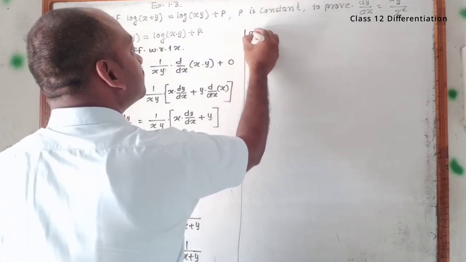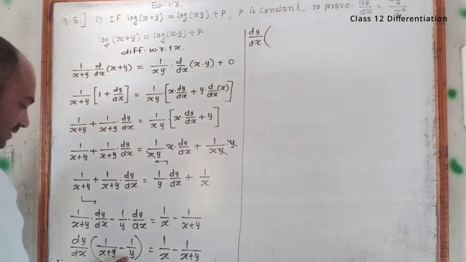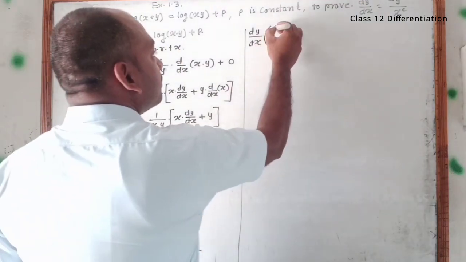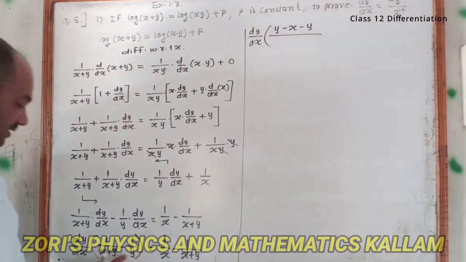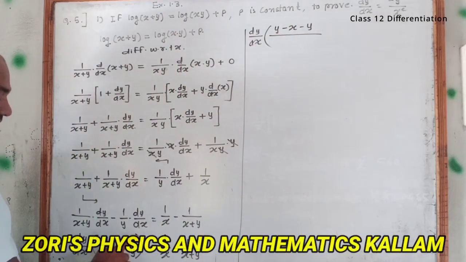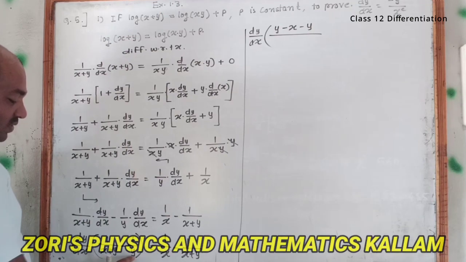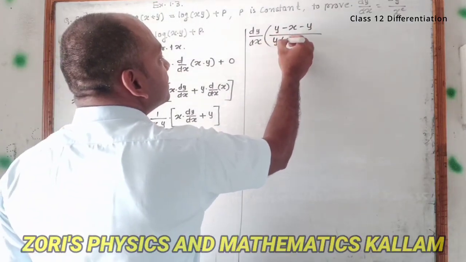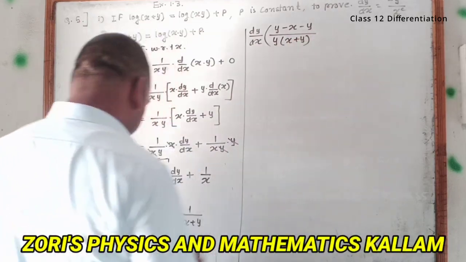Therefore, dy/dx in brackets: y minus (x + y). This is y here, x + y here, so the minus makes it minus x and minus y. And finally, y in bracket (x + y).